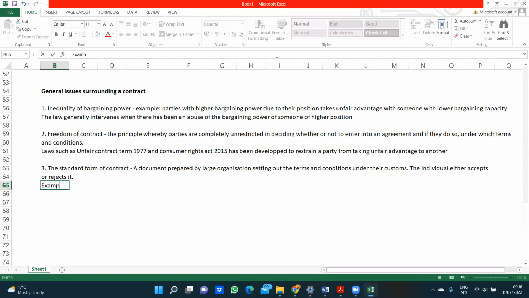For example, a customer accepts their supply of electricity under the company's terms.